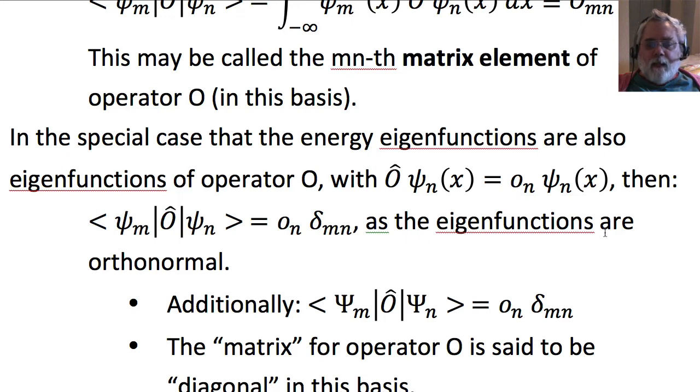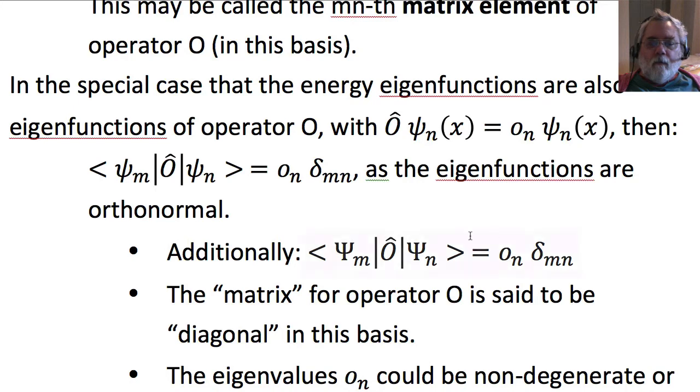That's because the eigenfunctions are orthonormal. So if m were different than n, the sandwich would be 0, and when m equals n, the sandwich will be little o sub n.